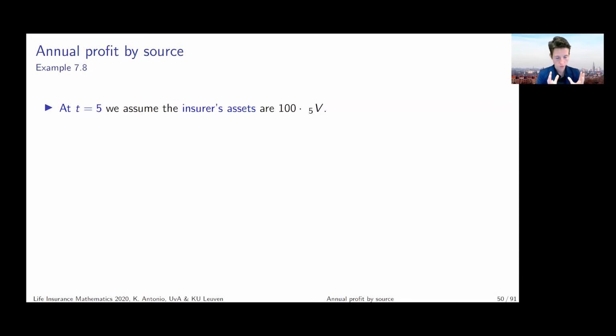According to the policy valuation assumptions, for each of them we will have a capital, an asset at time 5 worth 5V, the policy value at time 5. We've got 100 active policies, so that's the capital that we will hold at time 5 in terms of our policy valuation basis.